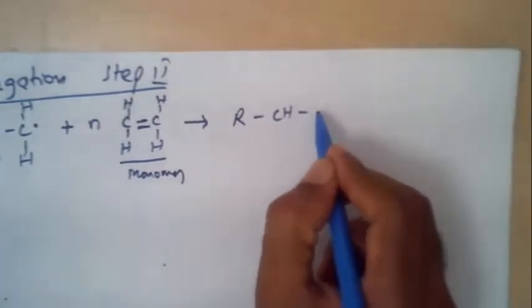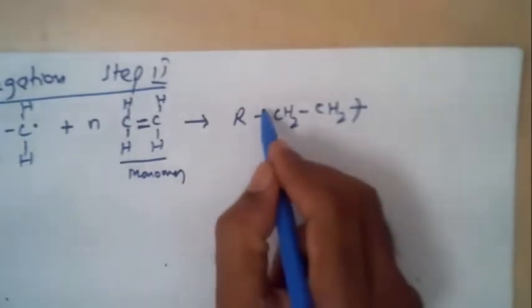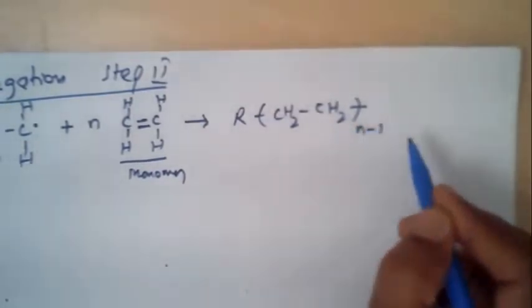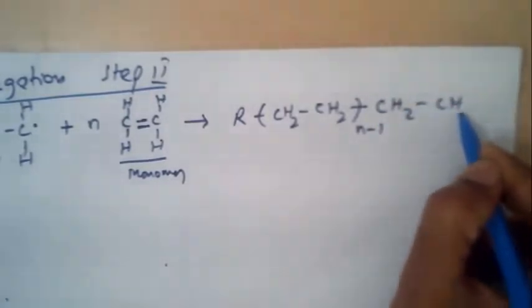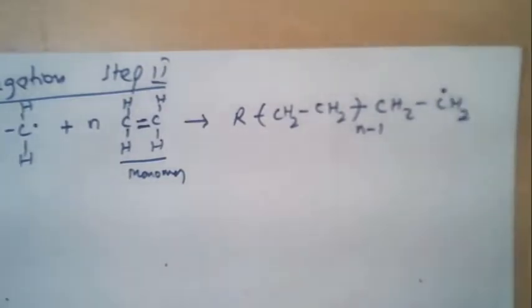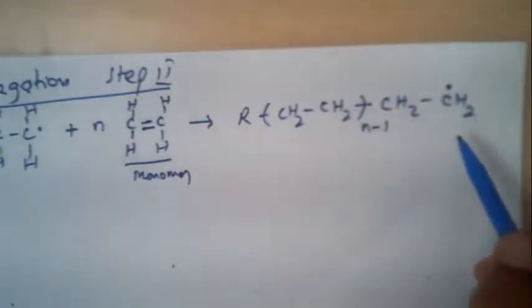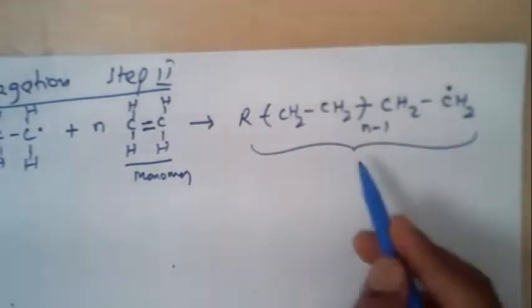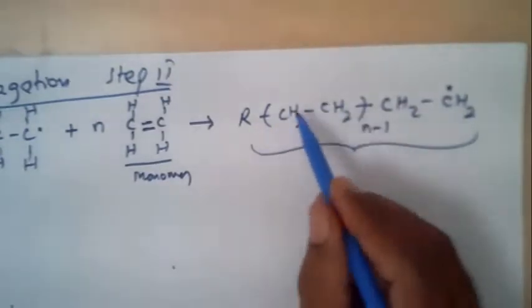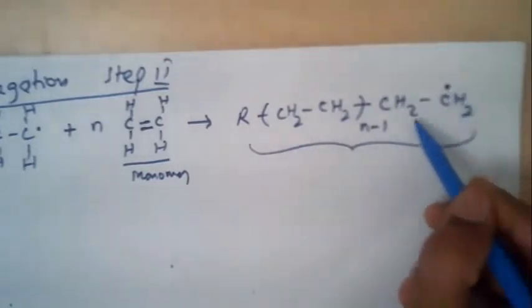It undergoes a chain reaction to give something like this. Now I directly write it here: R CH2 CH2, say N minus 1, CH2 CH2 dot. This is going to make a chain with N minus 1 monomer units and then a radical.